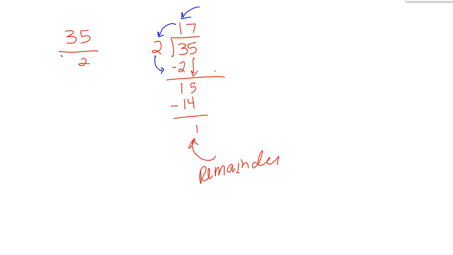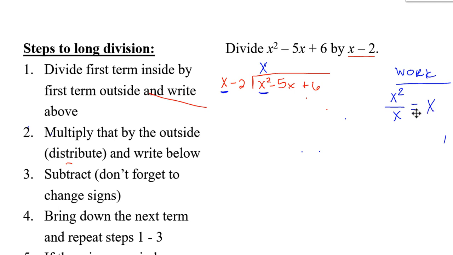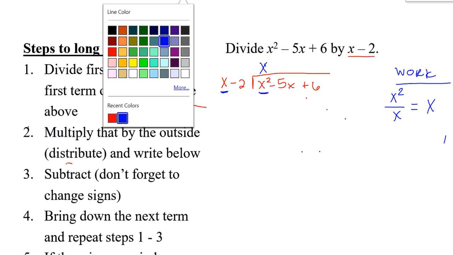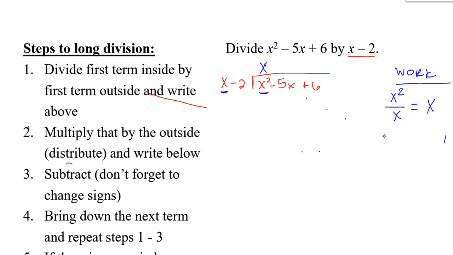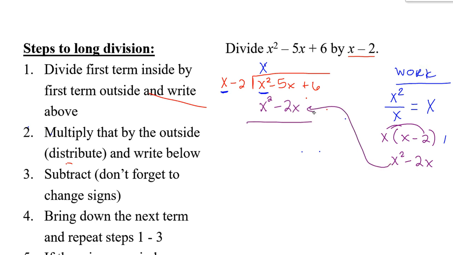So we're going to take the x, multiply it by the stuff on the outside. If you multiply that, that means distribute x squared minus 2x, and that gets written below. Okay, and then we subtract that stuff.